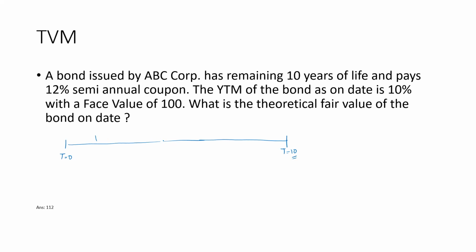So this is year number 5, T is equal to 5, then T is equal to 6, 7, 8, 9, and then T is equal to 1, 2, 3, 4. So these are the 10 years that have been mapped. All right. So with this, what else is being talked about?